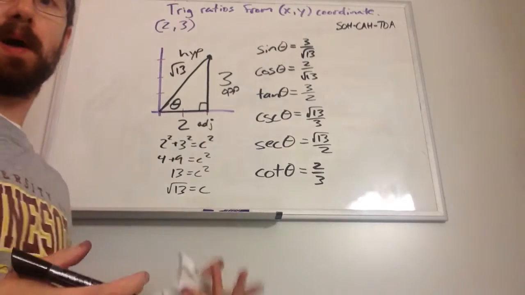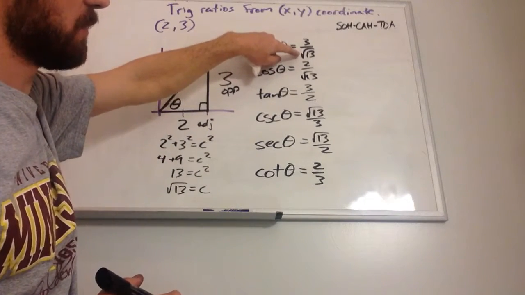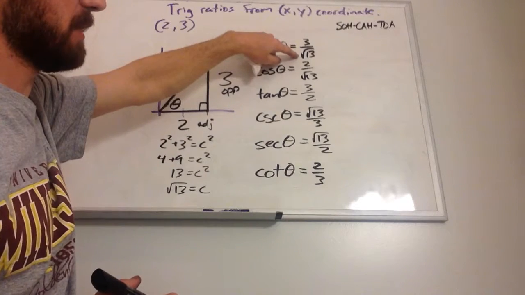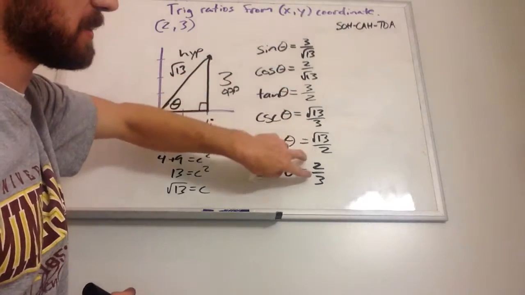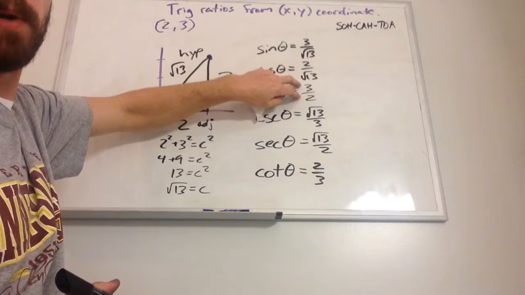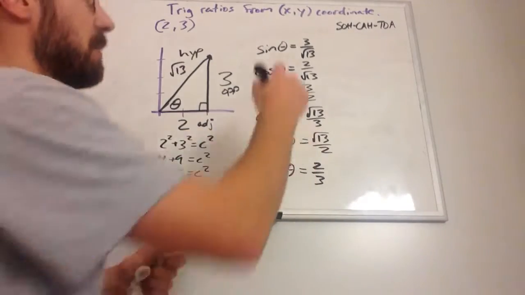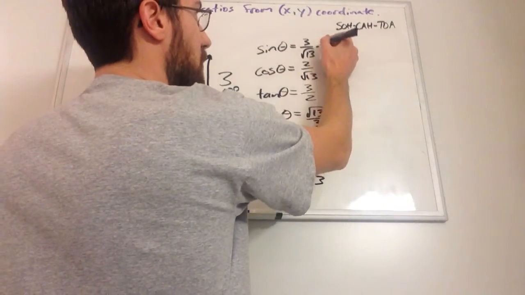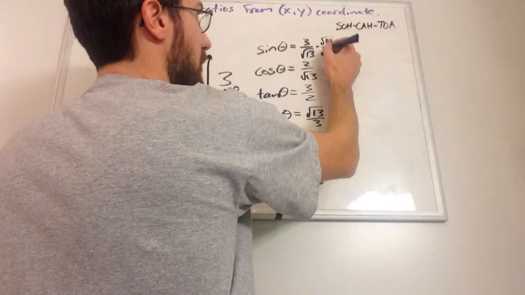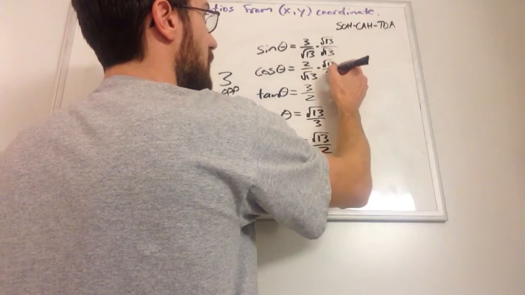Now we're not quite done here, because notice I've got radicals in the denominator. I don't have any fractions that will reduce, like if this were 4 over 2, I'd probably want to reduce that. If this were 2 over 4, I'd want to reduce that. But here I just have to multiply top and bottom by the square root of 13, and right here as well.